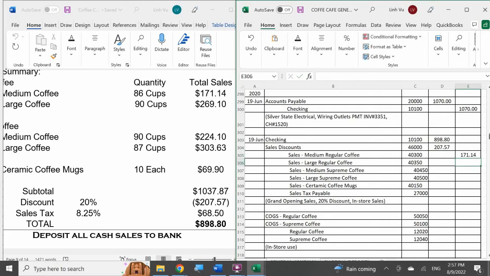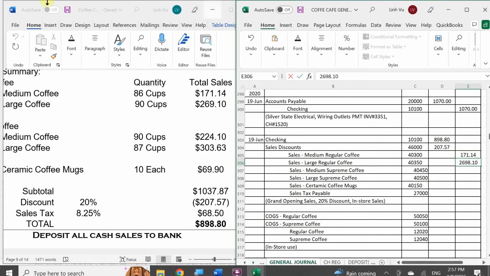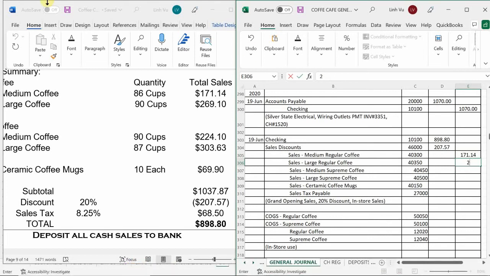And then for credit, we have a medium regular coffee, 171.14. A large regular coffee, 269.10. And then next, medium Supreme is 224.10. And next, large Supreme is 303.63. And then the mug was 69.90.